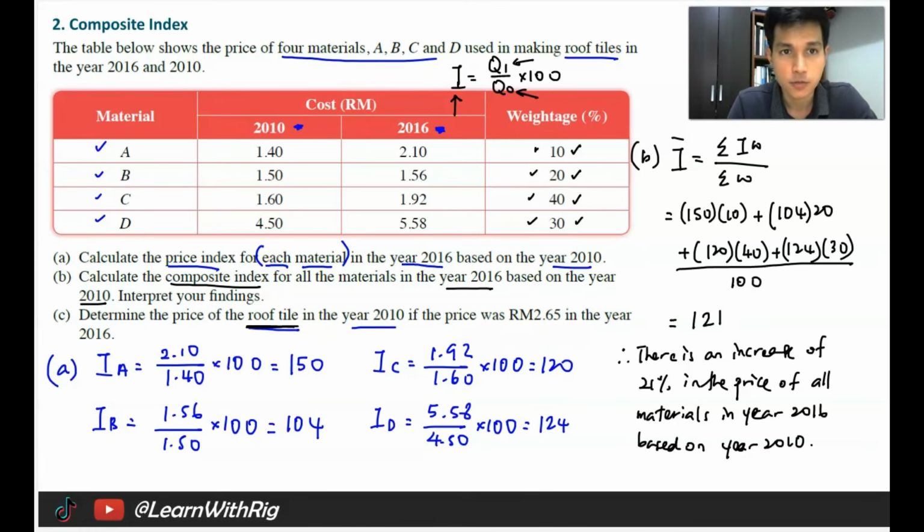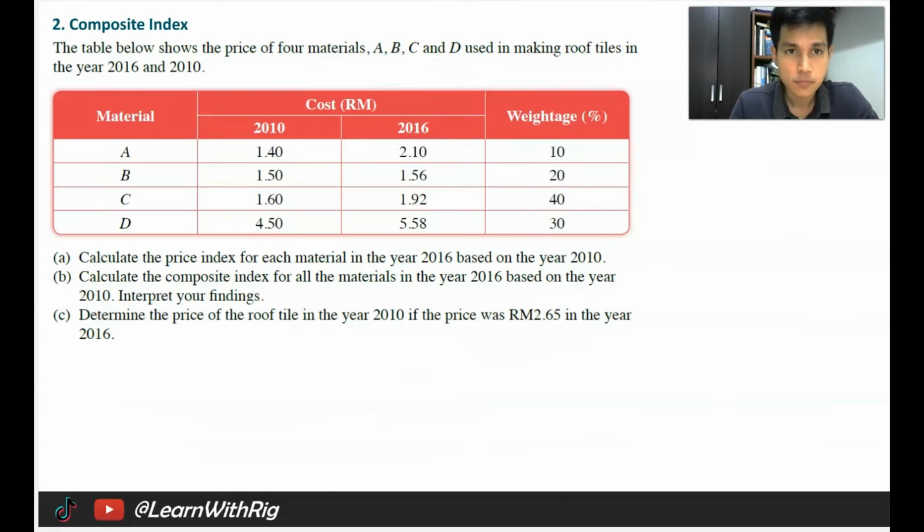Okay, so we're gonna do this together, don't worry. So what is the price index? So in this case, I equals to Q 2016 over Q 2010 times 100. So you're looking for 2010, right? So what's the I? I in the previous question just now we found is 121 equals to Q 2016 is this.